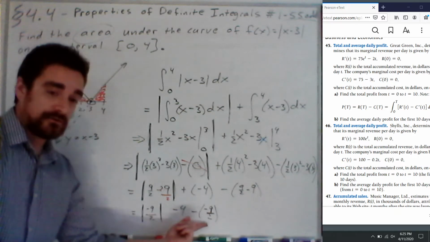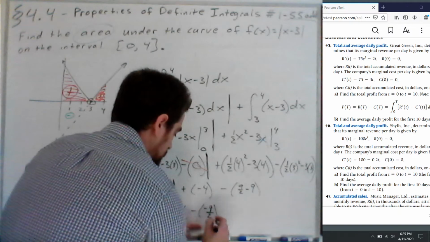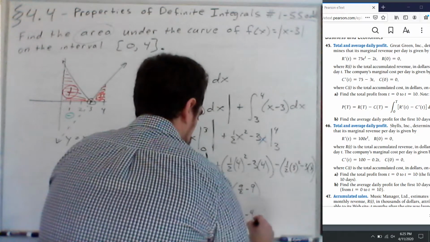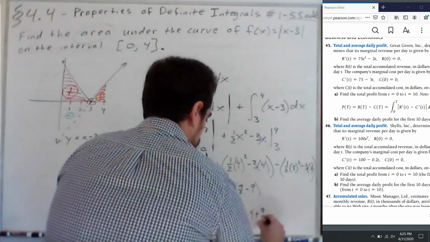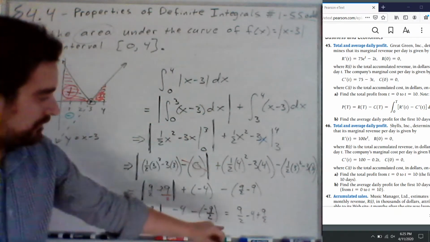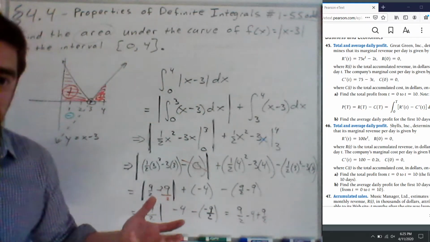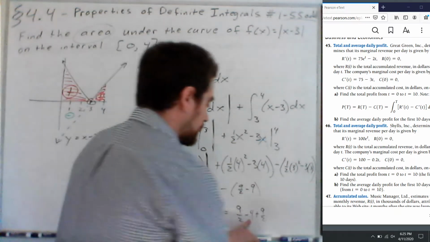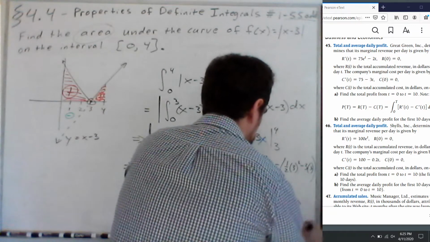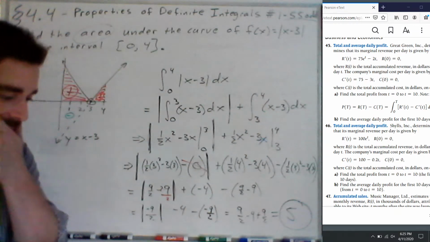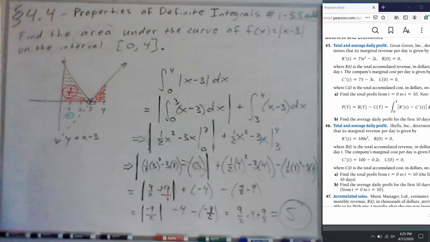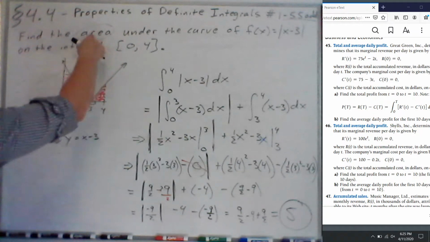Negative, negative, that's also positive. So I've got positive 9 halves minus 4 plus 9 halves. Well, 9 halves plus 9 halves is 18 halves, which is 9. And then we need to subtract 4. 9 minus 4 is 5. So a little fighting with the fractions, but eventually it gets us where we need. And it's positive, and we're talking about area, so area is positive.